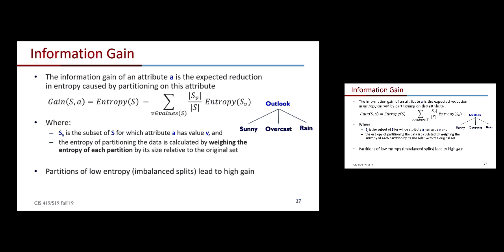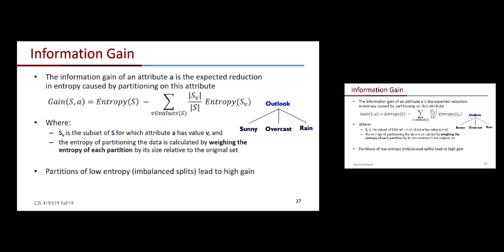What am I subtracting? When you look at the attribute A, it could take multiple values, V in values of A. And it defines multiple subsets of S, S_v. So these are the outlook equals sunny set, the outlook equals overcast set, and the outlook equals rain set if I chose outlook, right?